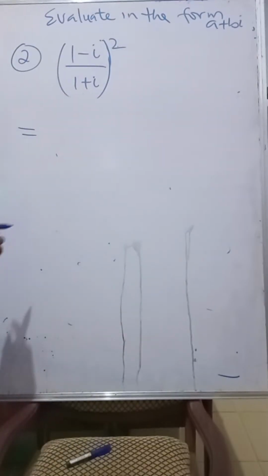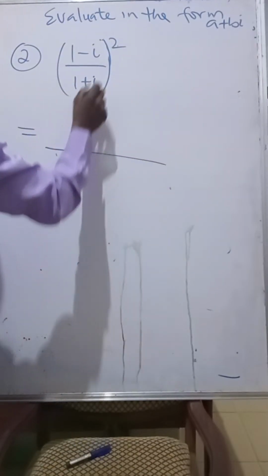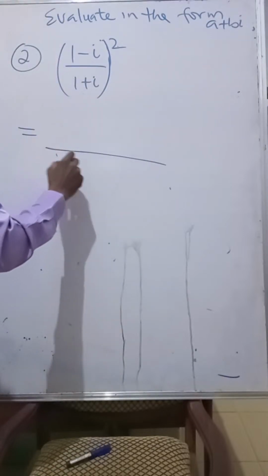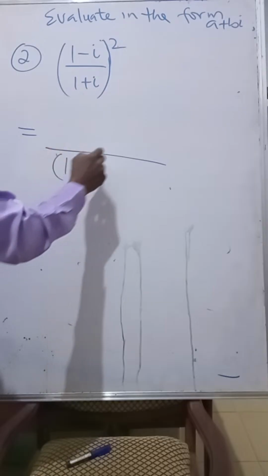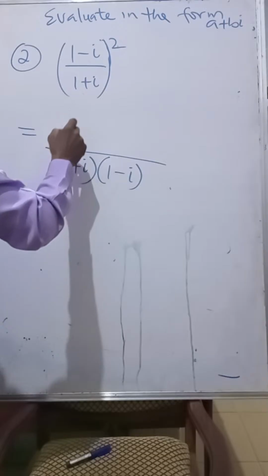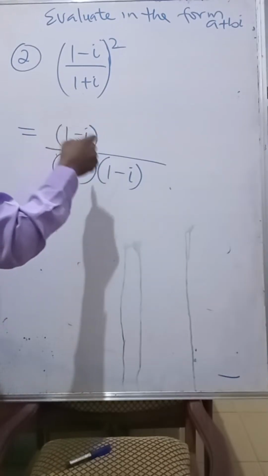We use the conjugate to multiply both the top and the denominator, which will be 1 plus i times its conjugate, that's 1 minus i, and then 1 minus i times the conjugate, that's 1 minus i.